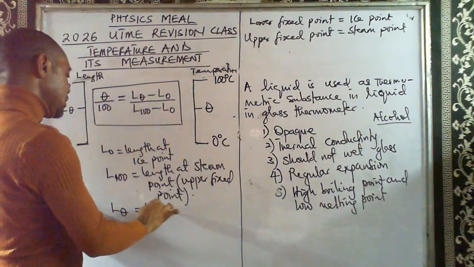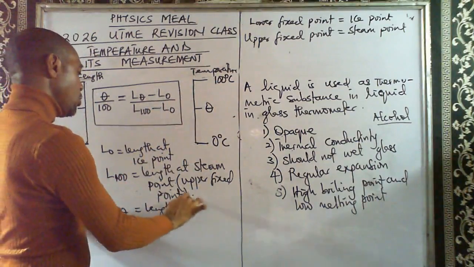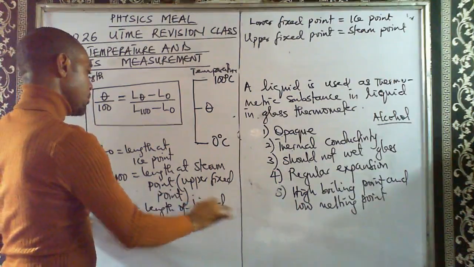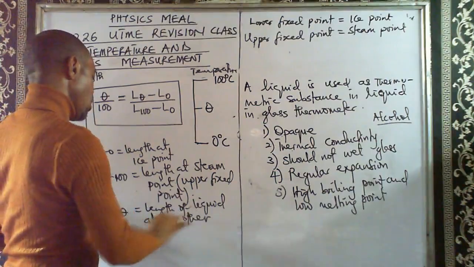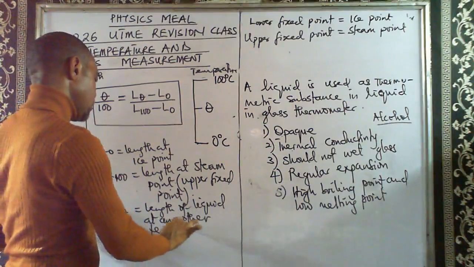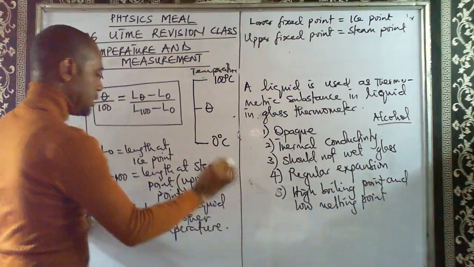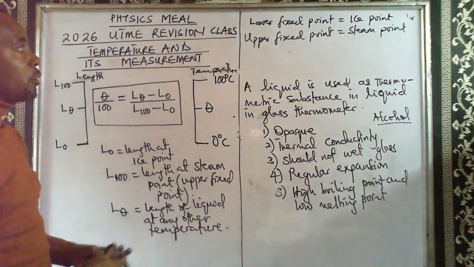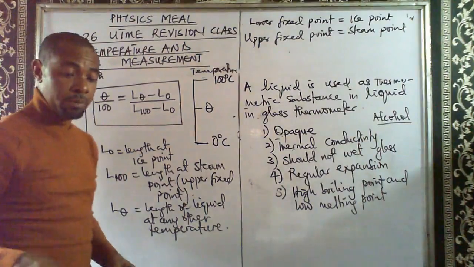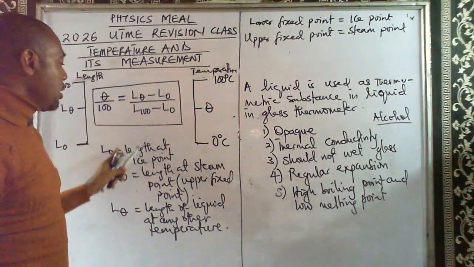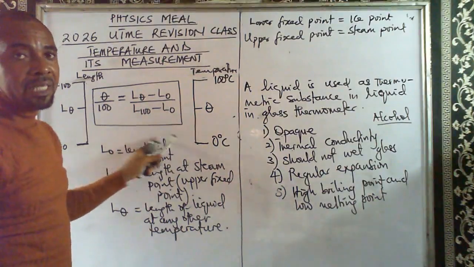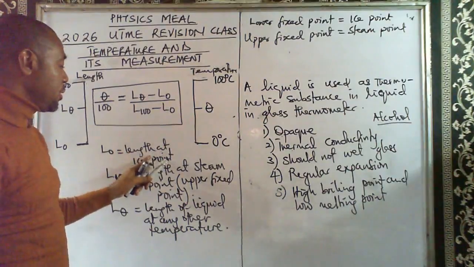So L theta is the length of liquid at any other temperature. L0 is the length at ice point, or the length at the lower fixed point.